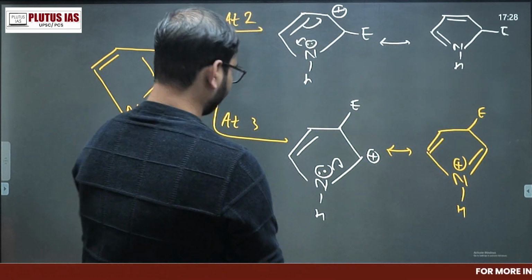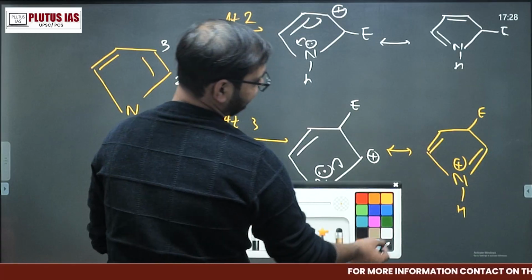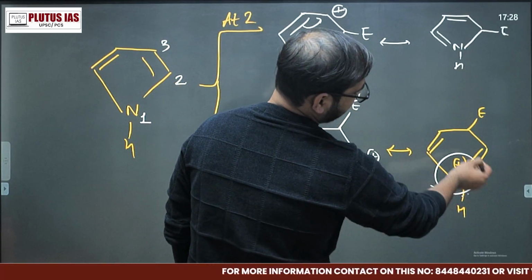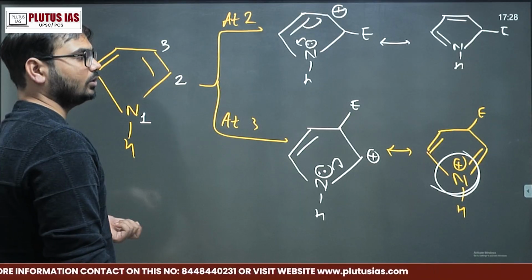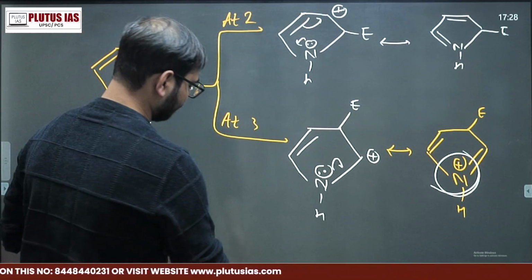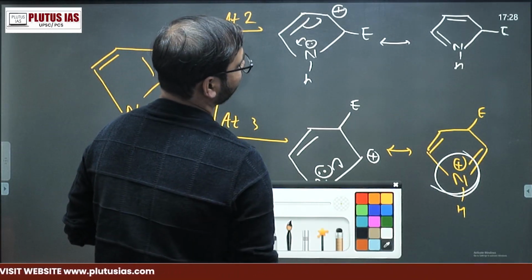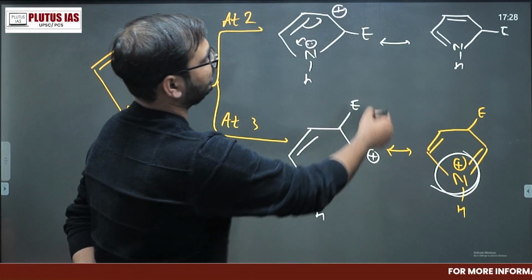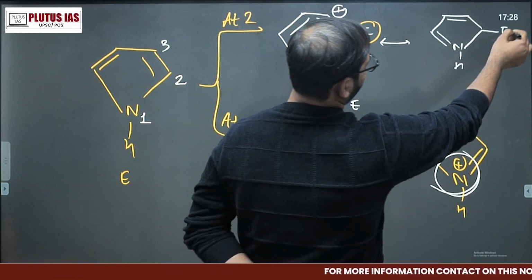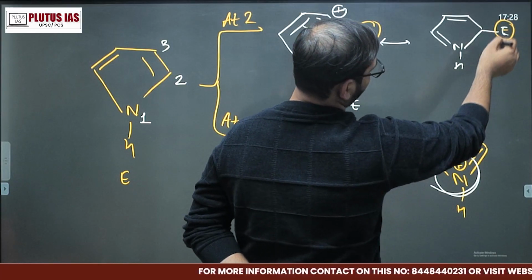From the given resonating forms, you can clearly see that, since the positive charge is residing on carbon and cannot be directly stabilized by nitrogen, the attack on position number 3 in the case of pyrrole is not favored. So in the case of pyrrole, thiophene and furan, all electrophiles will preferentially attack at position number 2.